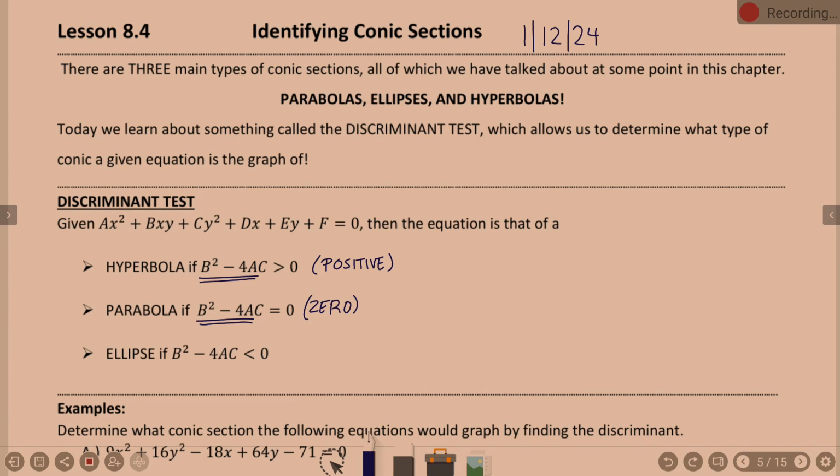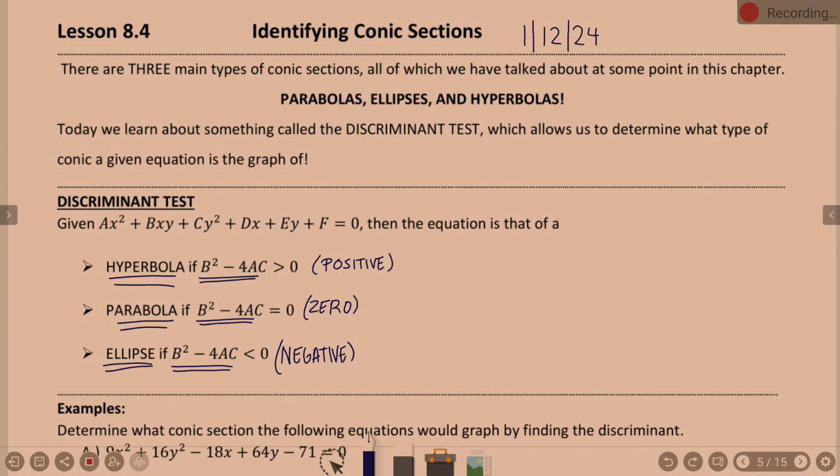Okay? And then lastly, what's the third option? B squared minus 4ac can be positive, 0, or negative. So if b squared minus 4ac is less than 0, that's fancy speak for negative, then it is an ellipse.